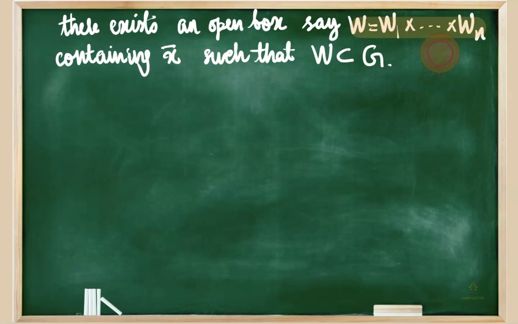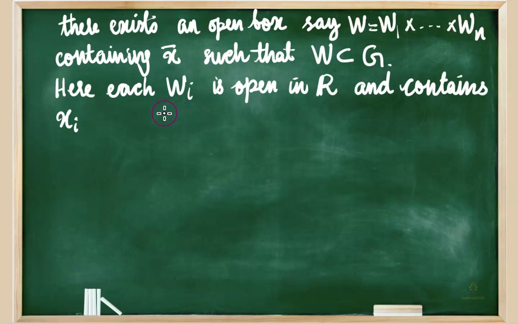Here, this set W1 cross W2 cross etc. cross Wn is an open box, which means that each of the sets W1, W2 etc. Wn is open in the respective space. Hence, W1, W2 etc. Wn are open in R with respect to the usual topology. And each of these sets Wi will contain xi, since x bar belongs to W, and we know that this point x bar is an n-tuple of the form x1, x2 etc. xn.